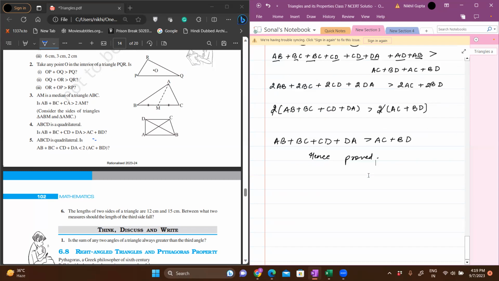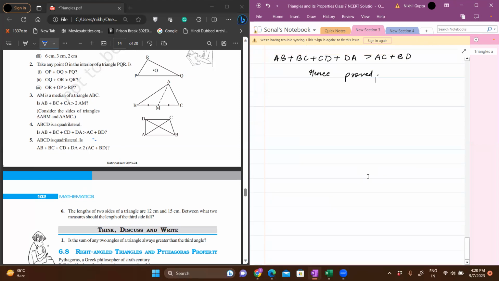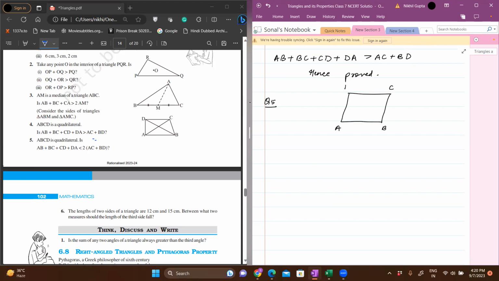Now let's come to question number 5. ABCD is a quadrilateral. Let us quickly draw a quadrilateral ABCD. Join their diagonals as well. The joining point I'm taking as P. So we need to find that AB plus BC plus CD plus DA is less than AC plus BD.